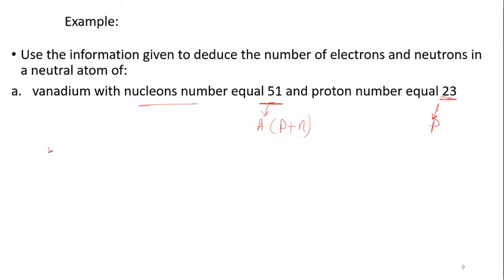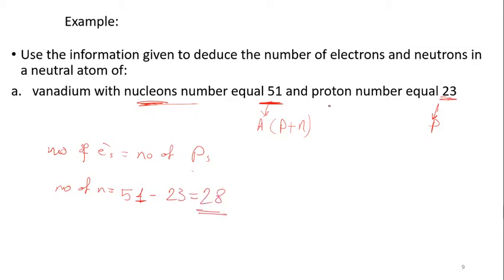So the number of electrons would be equal to the number of protons in a neutral atom. As for the number of neutrons, it would be equal to the number of nucleons, the protons and the neutrons, 51 minus 23, which is equal to 28. So I have to remember this is the Z, the atomic number, and this is the A, which is the mass number.